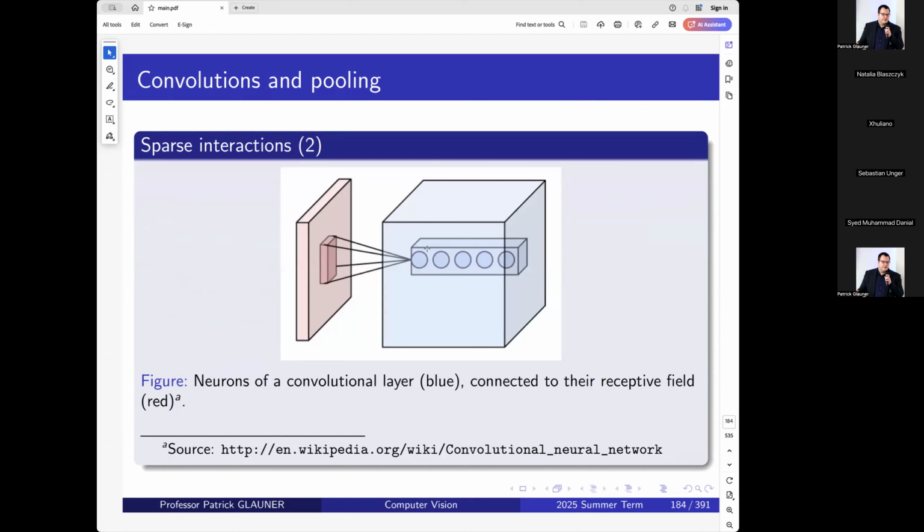What this means is I have one kernel that has its receptive field that looks at this one here, but we have more kernels. So we not only have one kernel looking here, but we have multiple kernels looking there, just with different parameters. Different parameters means maybe this kernel here recognizes certain parts in that part of the image, while this kernel recognizes something different.